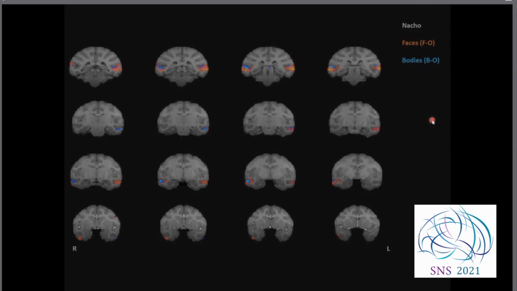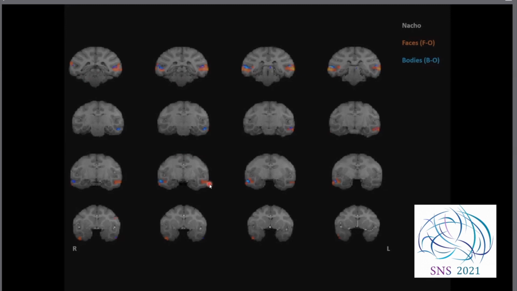And what's shown here are data of one monkey in which we show the face patches, defined here by faces minus a set of objects, and the body patches, bodies minus a set of objects. These are in fact different images than the ones I showed you before. We created a new stimulus set, but that's not that important. The results are pretty similar. And so in red, you see face-related activity.